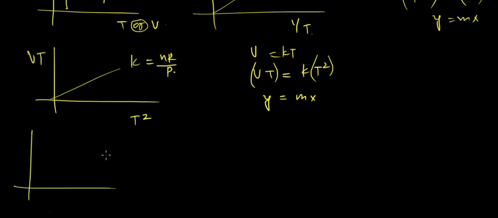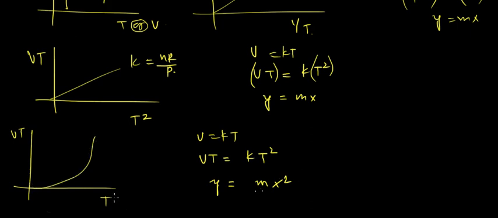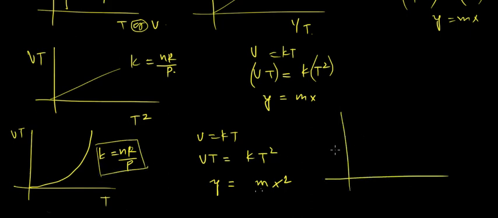Let's take a look at another graph. We have VT on the y-axis and T on the x-axis. We know that V equals KT, multiply both sides by T, so we have VT equals KT square. So this is y equals mx square, which is nothing but a parabola equation, where K is equal to nR by P. Let's say what would be the graph between V and under root of T. Again it would be a parabola.